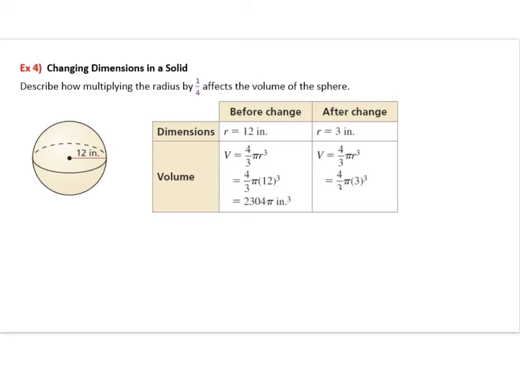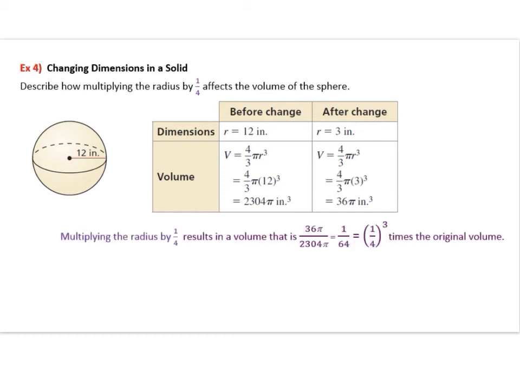Substitute 3 for your radius, and that gets us 3 cubed times 4/3, again leave it exact, resulting in 36 pi inches cubed. So we can already tell it definitely got smaller. So what is the effect? Well, divide that new volume by the original volume, and that's how you compare. You should have gotten 1/64 when you divide those two volumes.